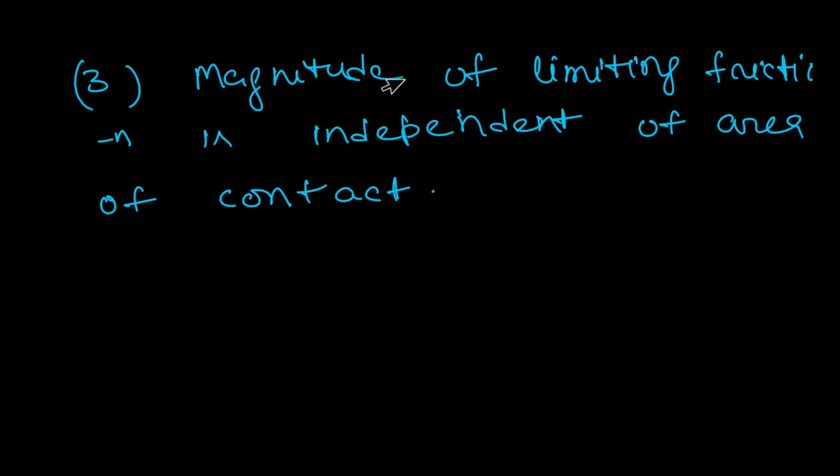So friction between two surfaces depends on the weight of the body, not on the area of contact. So as long as the weight of the body is constant, the friction will be the same even if we change the area of contact or surface area.